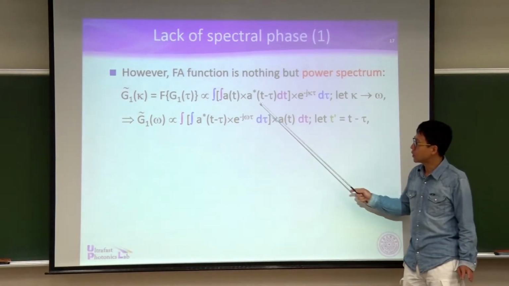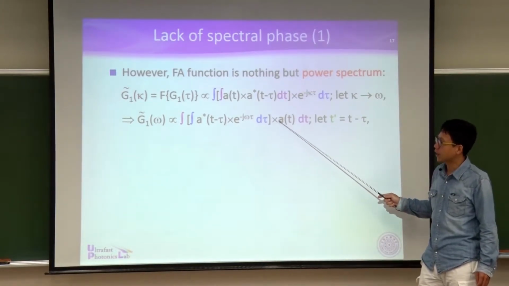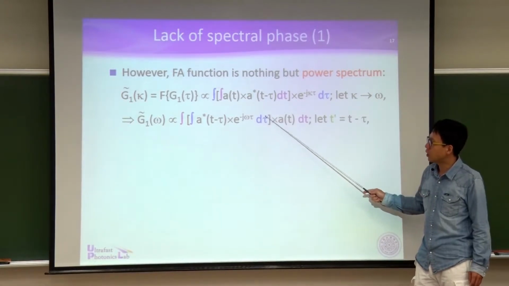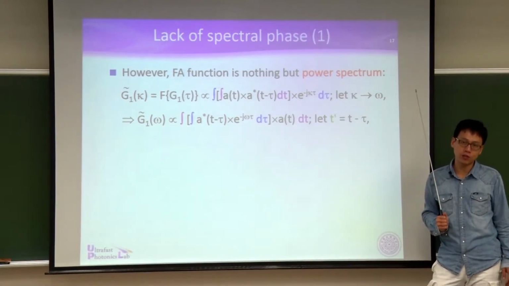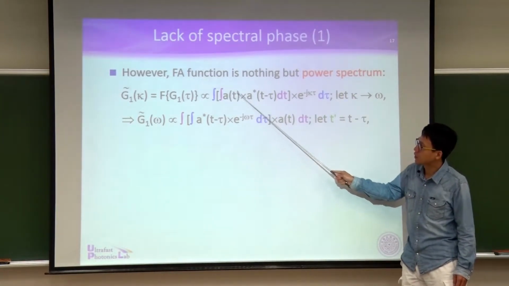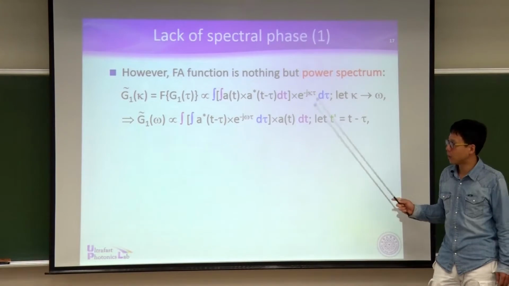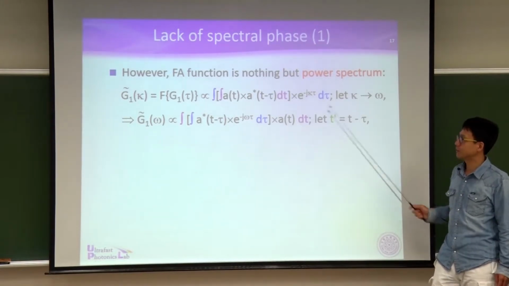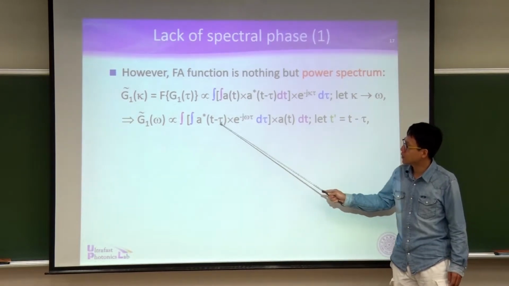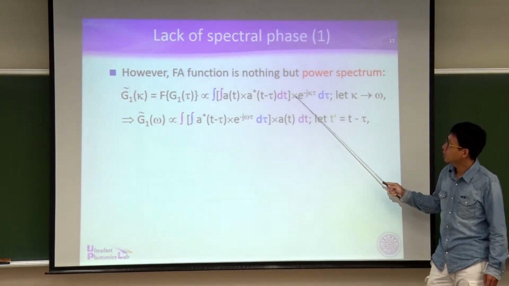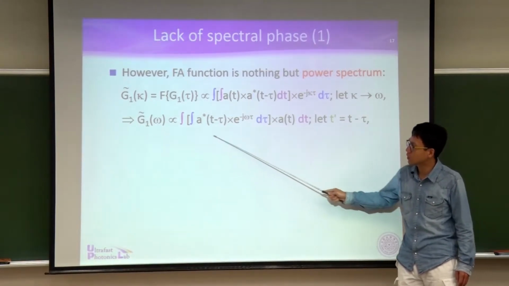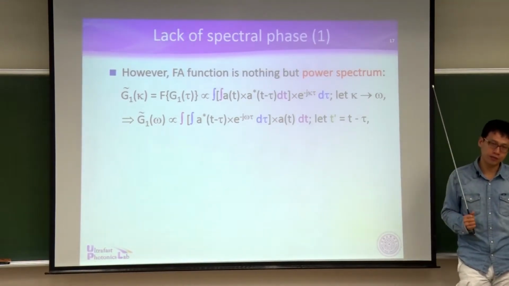And for that reason, you can extract everything irrelevant to variable tau outside of the first integration. Okay? So a of t is nothing to do with variable tau, so it's outside the integration. A star of t minus tau is here. E to the minus j omega tau is here. So it's in the inner integration. Okay.